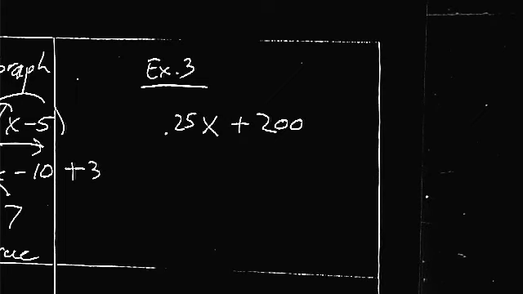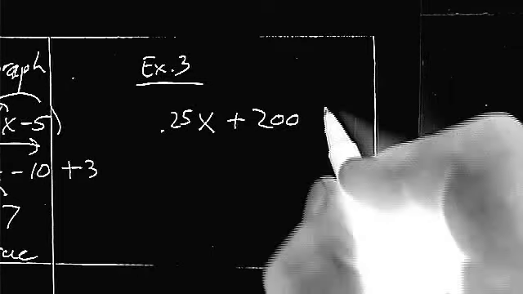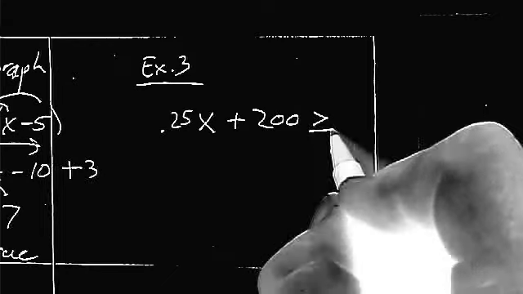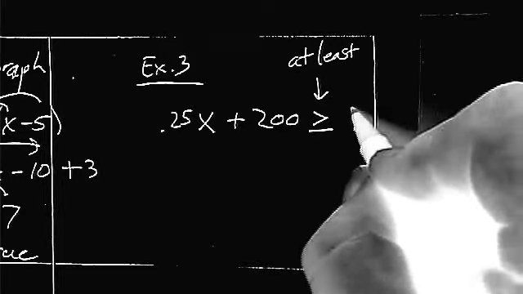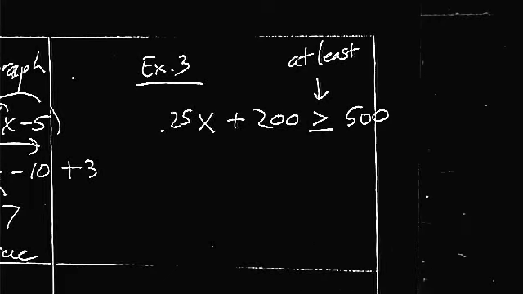So 25% of the ticket sales and $200. The band has a goal of getting at least $500. At least $500.